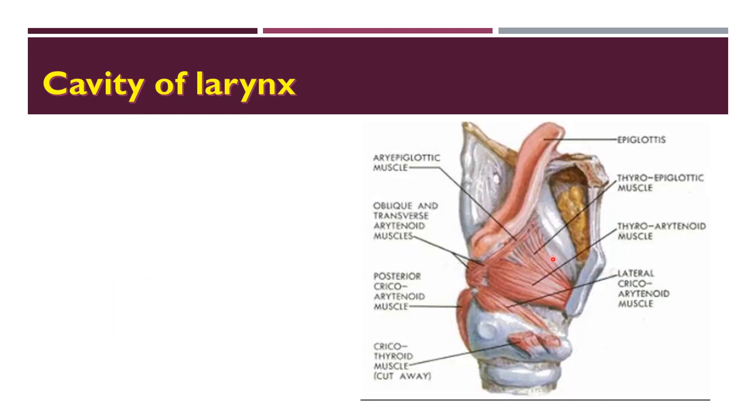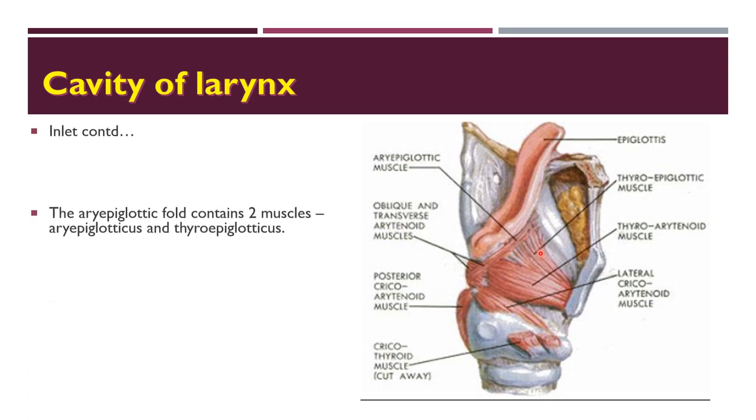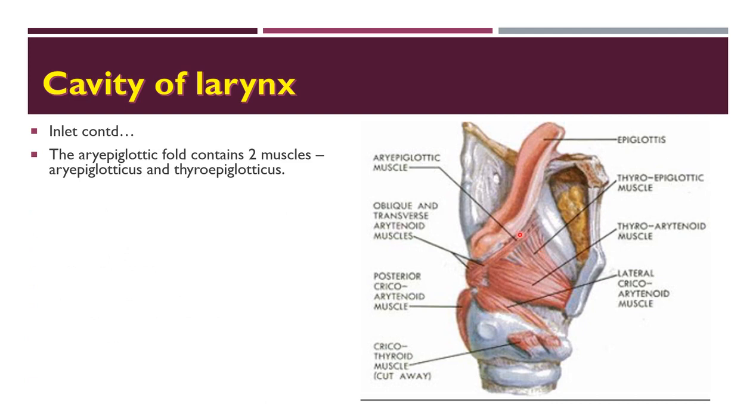Now within the fold, it contains two muscles. You are able to see one is the aryepiglottic muscle, and the other one is the thyroepiglottic muscle. The aryepiglottic muscle is mainly responsible for closing the inlet of the larynx.